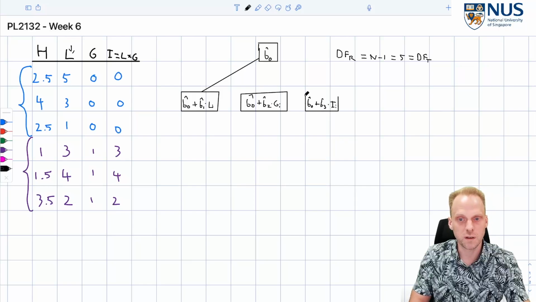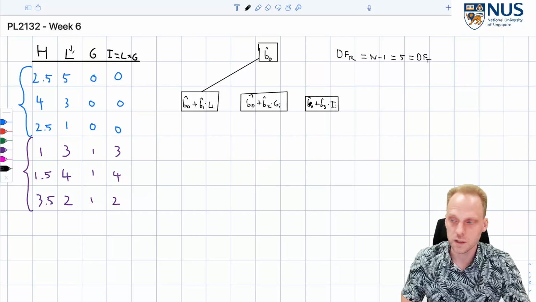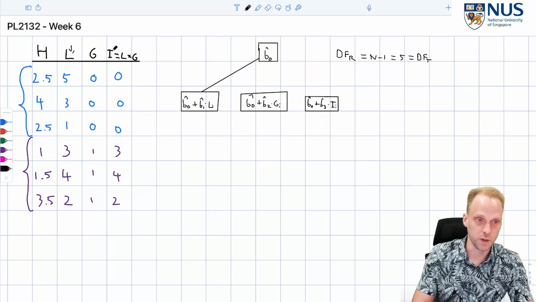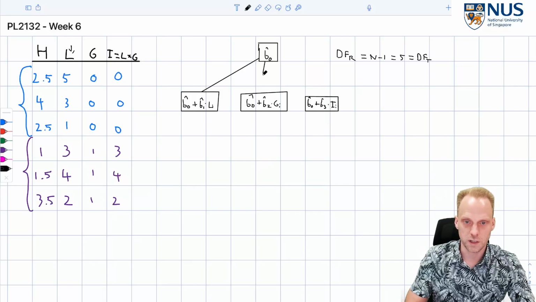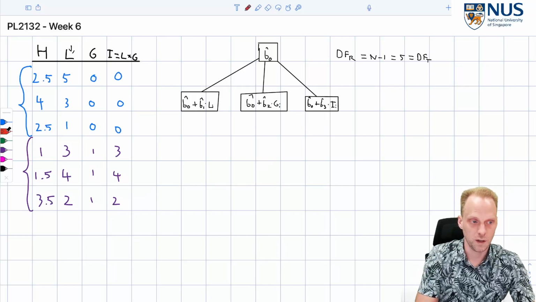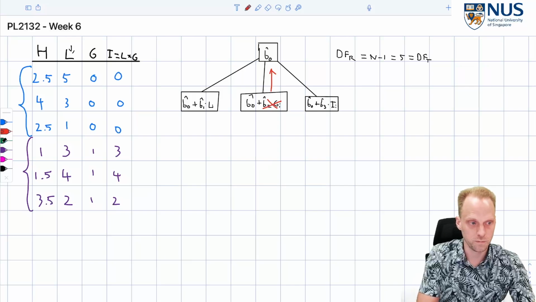Now that is not something we would normally do, include an interaction without also including what we call the main effects. But it is something that you could do, and if you treat this as a separate predictor, it is something that we could perform. We can see that there are also relationships here. Namely, if this term is 0, we get this model.